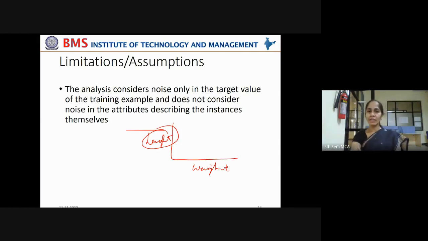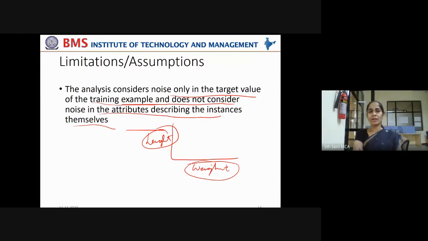Okay, so what is the assumption we made here? The analysis considers noise only in the target value, the predicted value of the training example, and does not consider noise in the attributes describing the instances themselves. These are the instances: weight, say marks. All these are accurate measurements.